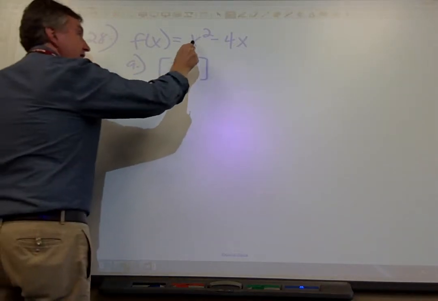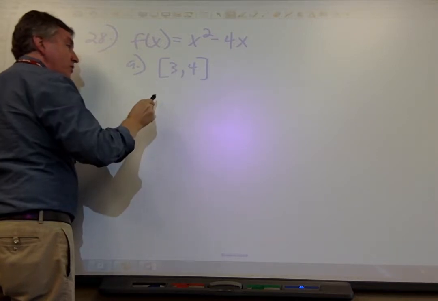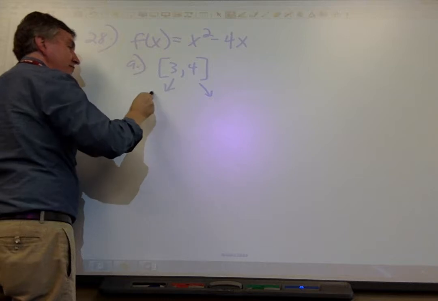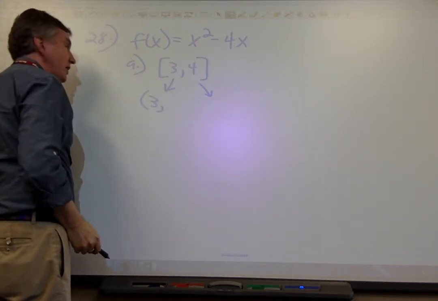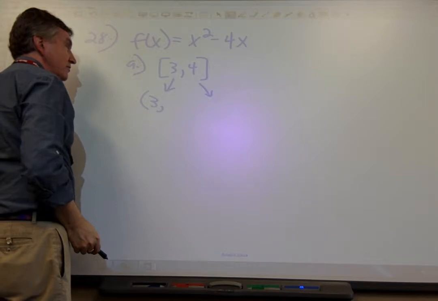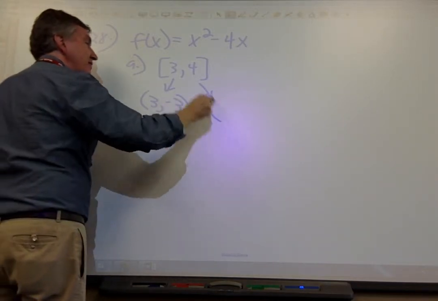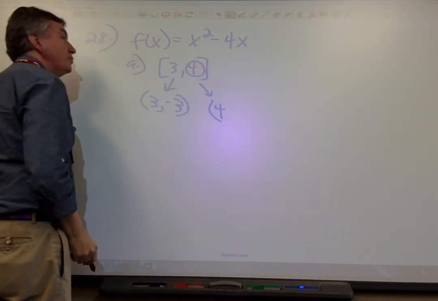Well, on this function, from x is 3 to x is 4, I need to find those two ordered pairs, don't I? If x is 3, could you just look at that and tell me what y is? If x is 4 in this function, what is y? 0.